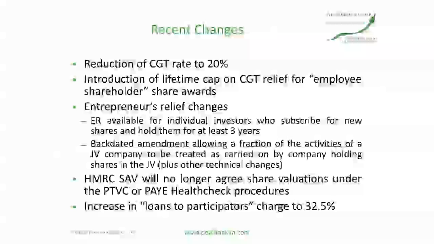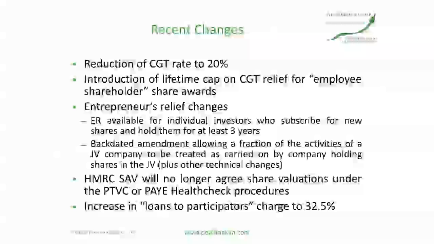The amendment designed to prevent that did also catch some much more legitimate commercial structures. That's now been amended with the intention that normal commercial structures, where the person owning shares in a parent company would still have owned 5% of the joint venture company on a flow-through basis, Entrepreneurs Relief will still be available to them on a disposal.